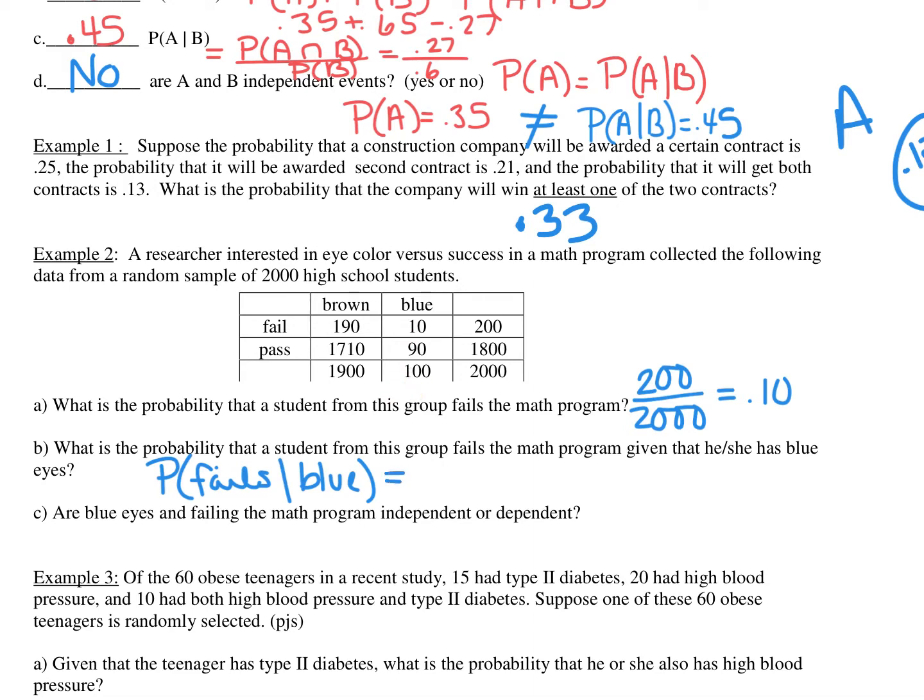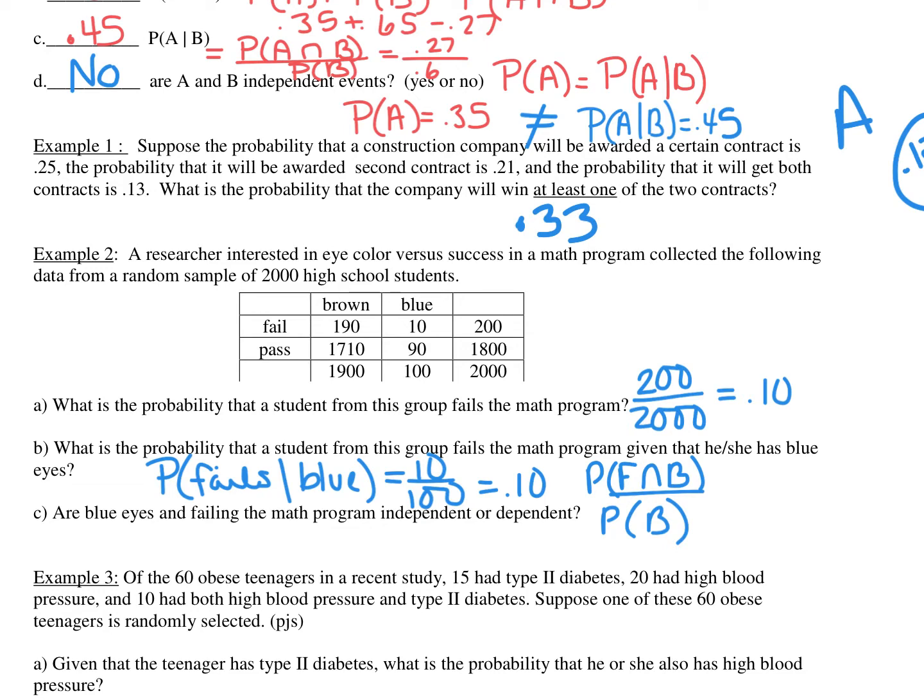So again, 10 out of 100, that would be 1/10, 10%. You could also use your formula: probability of the intersection, meaning fails and blue, divided by the probability of just blue. Okay, so that logic will also give you the same values. So here's your intersection over the total probability of blue, so 10 out of 100.